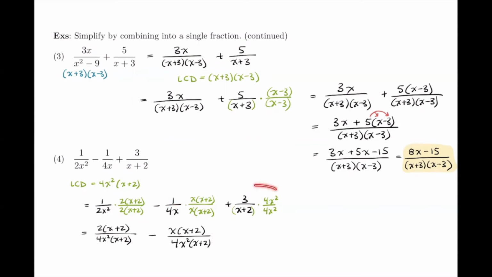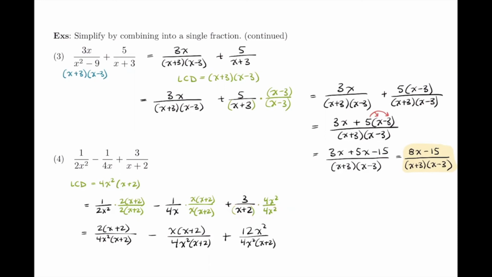Then lastly, in this last group here, we have 3 times 4x squared up in the numerator. That will give us 12x squared. And then in the denominator, even though these are written in the opposite order, x plus 2 times 4x squared, we can just put those in the way that the other fractions are in. So 4x squared times x plus 2.